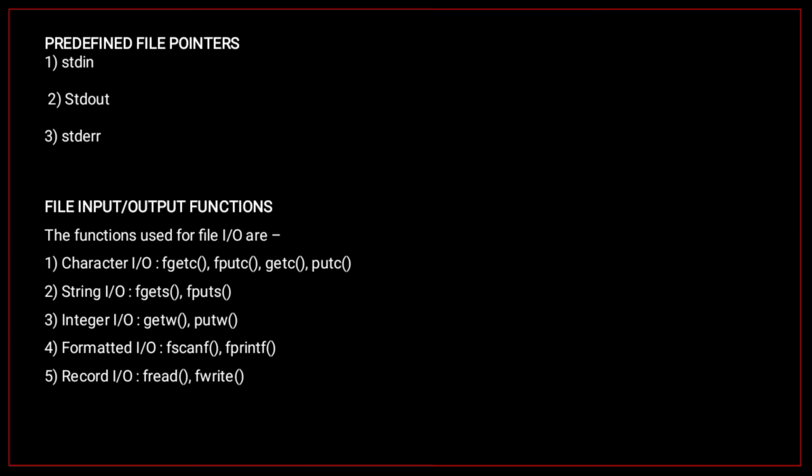The functions are fgets, fputs. Next, integer input output. Functions are getw, putw. Formatted input output. Functions are fscanf and fprintf. Record input output. Functions are fread, fwrite. Now these are the file input output functions.